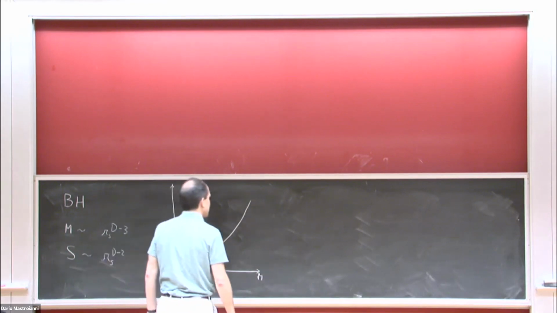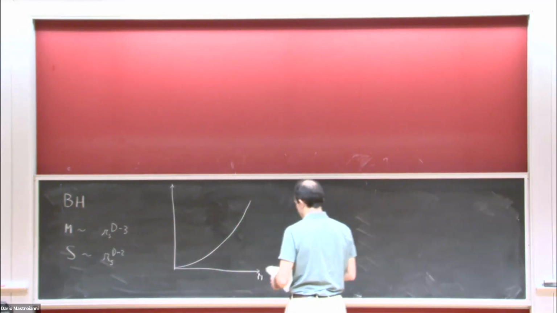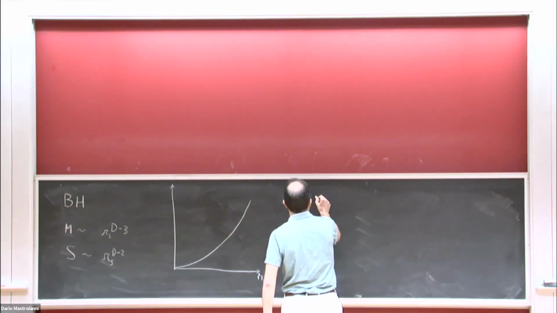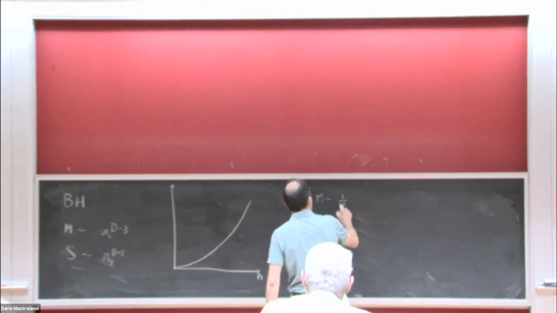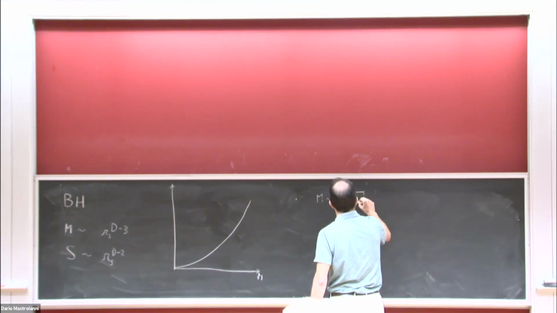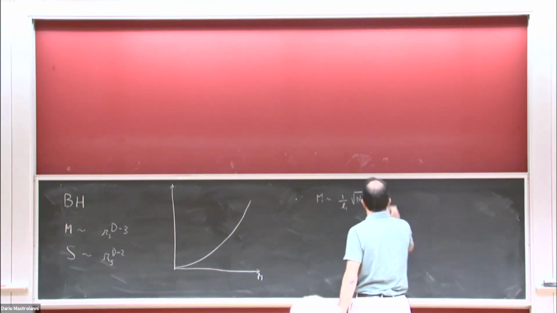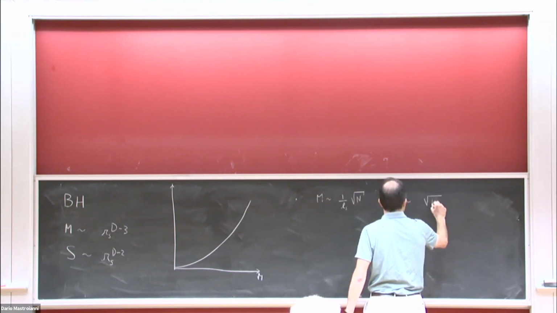On the other hand, we want to compare that to a free string. A free string has a mass which is of the form 1 over l_s, related to the string tension, times some oscillator number, and an entropy which is proportional to, again, the square root of the oscillator number.